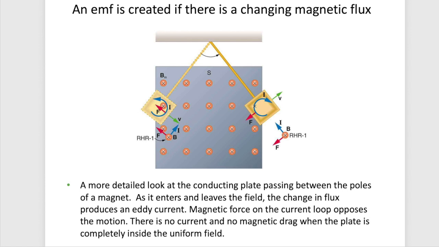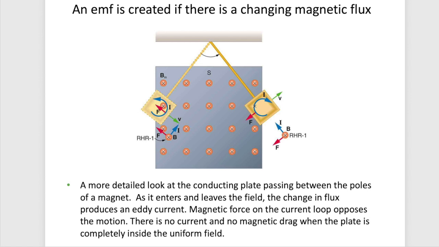Those eddy currents are moving charges. Moving charges make magnetic fields. Magnetic fields will feel the effects of the magnetic field it's moving into. And if you do your second right-hand rule, you'll see the force on both ends of the swing. Now, before it gets into the field and while it's already in the field, there's no change. But as it's entering or exiting the field, in both cases there's a change in flux.